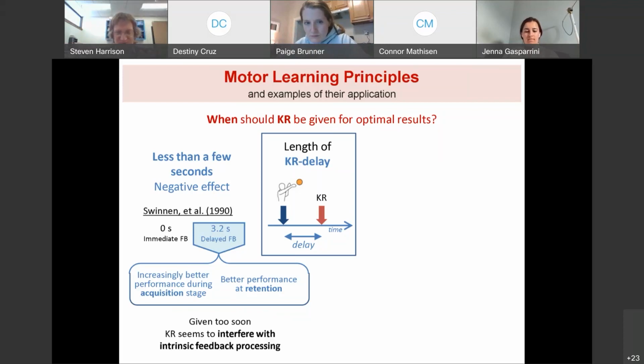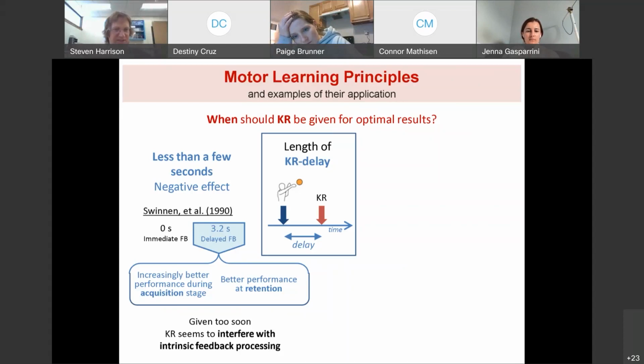The main way to think about why this is the case, and this is the interpretation that Swinnen has given and a few others have discussed, is that you want to allow the person that just performed the action to engage in the process of processing their intrinsic feedback. Independent of whether or not they receive external, augmented feedback, the athlete or patient is going to get intrinsic feedback from their own sense of how they did it.